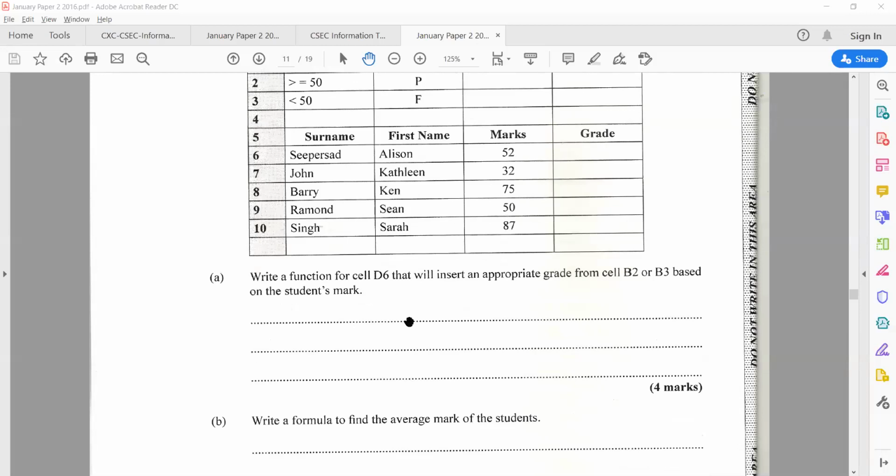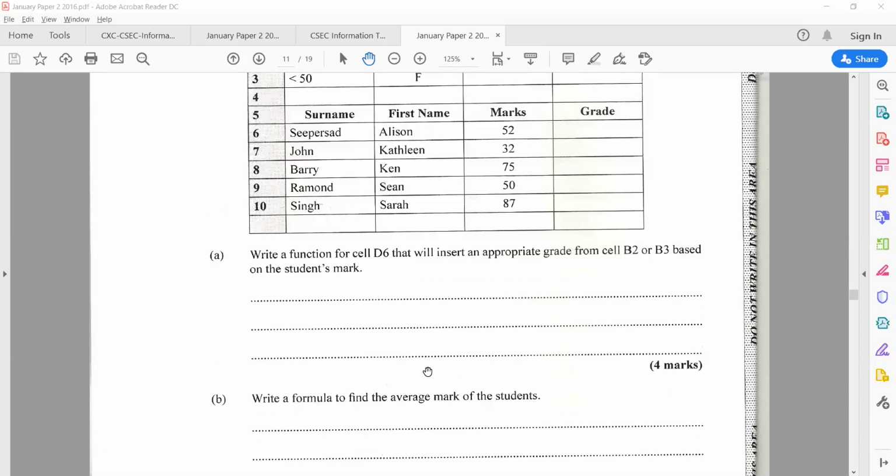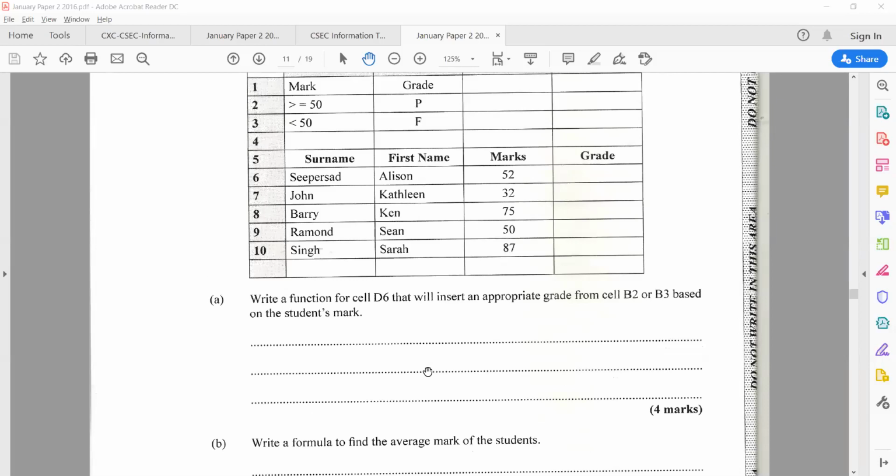Okay. Now it's important to understand the formulas and how they come. All right. Now write the formula to find the average mark of the student. So how would you find the average mark of the student? What is the formula you're going to use?